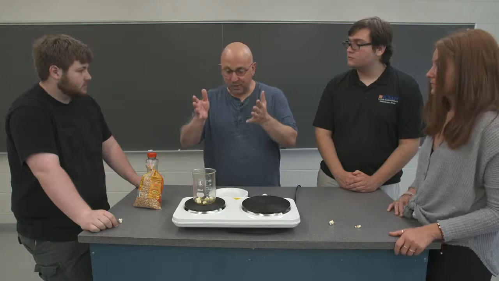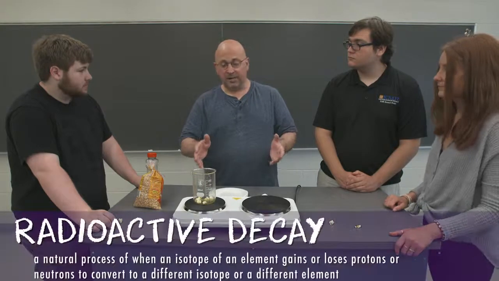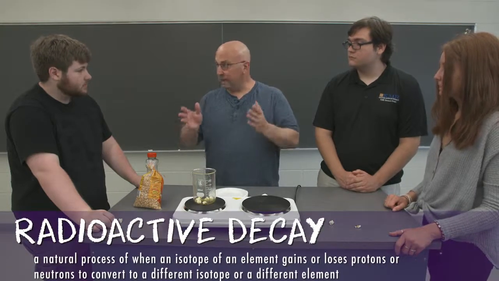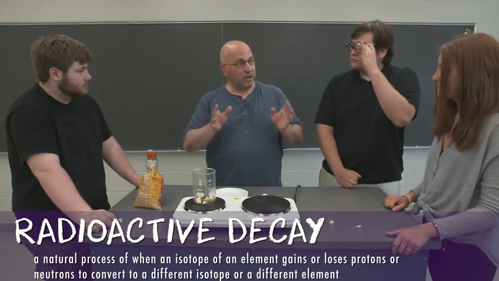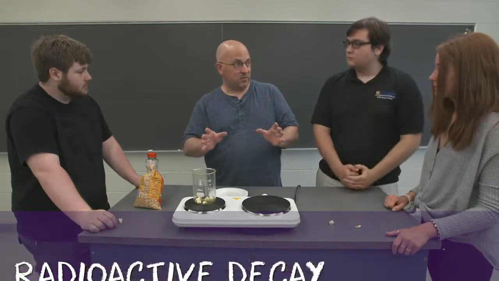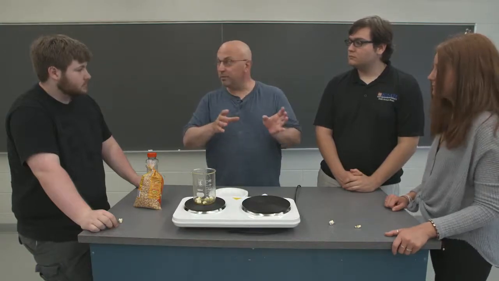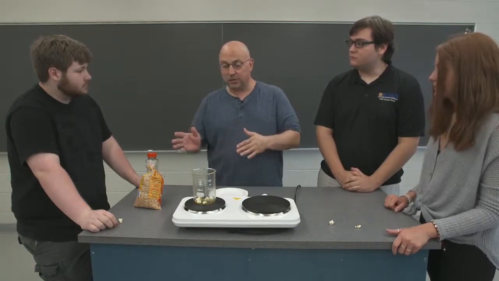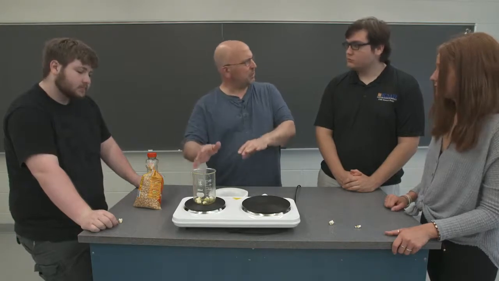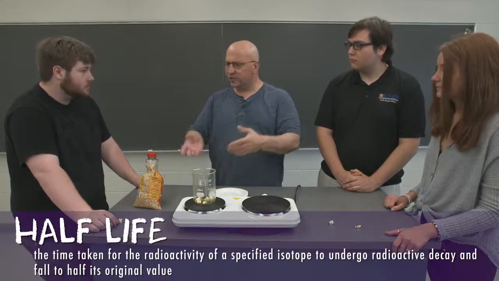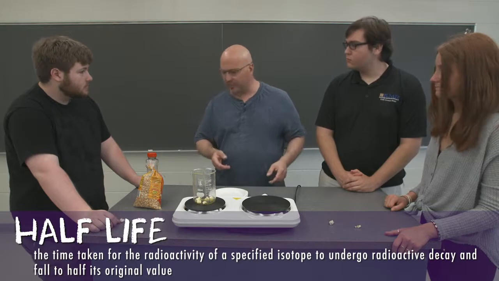Now, the other good thing about radioactive decay is that with certain parent-daughter combinations, we know how long it's going to take for those isotopes, the unstable parent, to change into the daughter. We weren't really sure about the popcorn because of the heat, the moisture, the number, and all those other variables that we talked about.